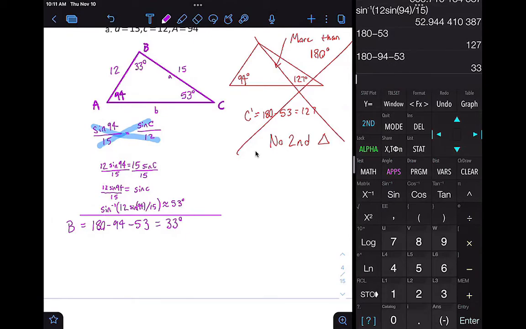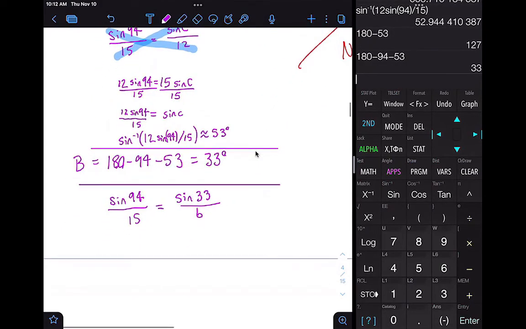And once you have 33 degrees, now you can use the law of sines one more time to find your final side here. We'll go sine of 94 over 15 equals sine 33 over side B. And once again, you cross multiply and divide from there: 15 sine 33 equals B sine of 94.